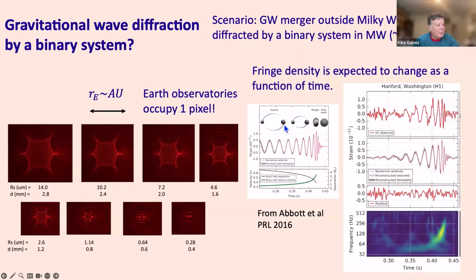They had a very nice figure that shows that as the two masses go around each other, losing energy because they're radiating, they start going faster and faster, until they coalesce.